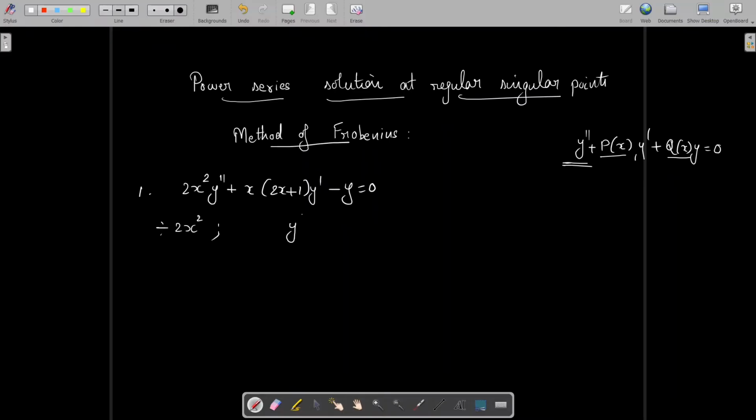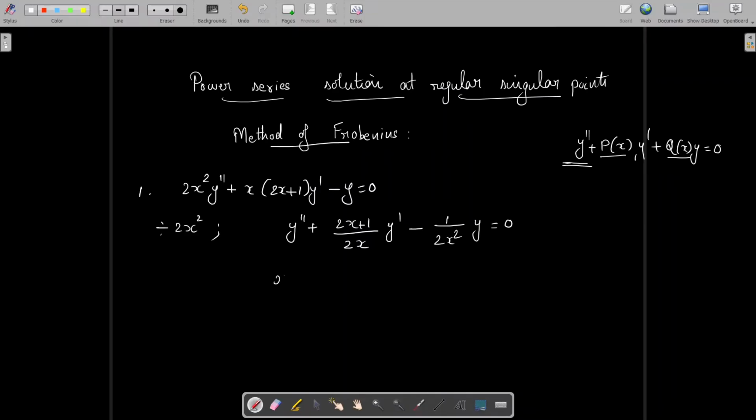Then the equation becomes y'' + (2x + 1)/(2x) y' - 1/(2x^2) y = 0. So here p(x) is (2x + 1)/(2x) and q(x) is -1/(2x^2). So clearly x = 0 is a singular point of this differential equation.